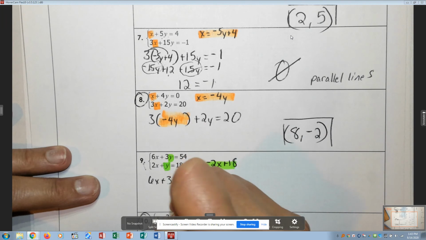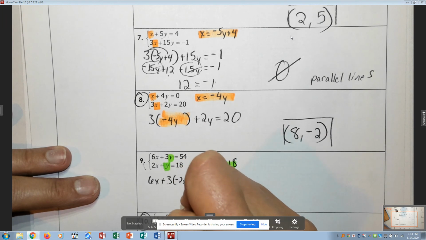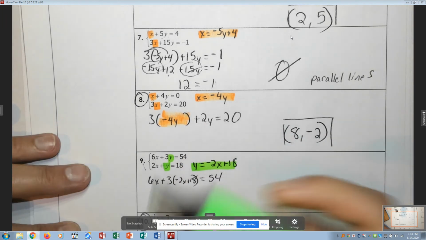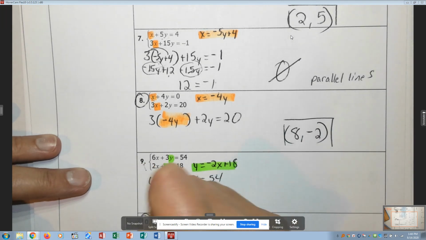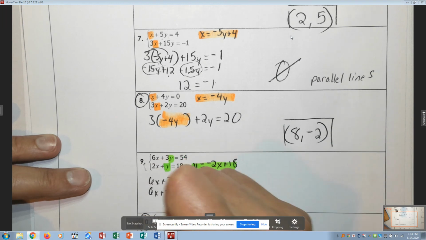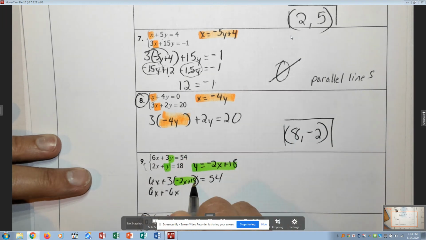And my y is negative 2x plus 18. Now it's time for me to distribute. 6x plus negative 6x. 3 times 18 is 54.